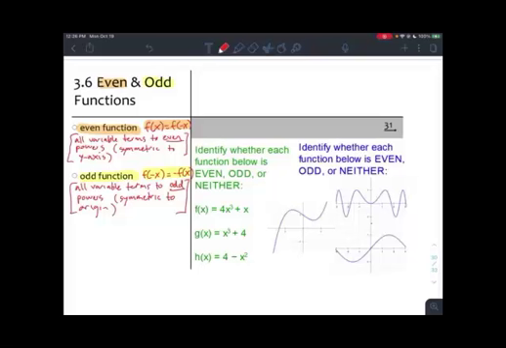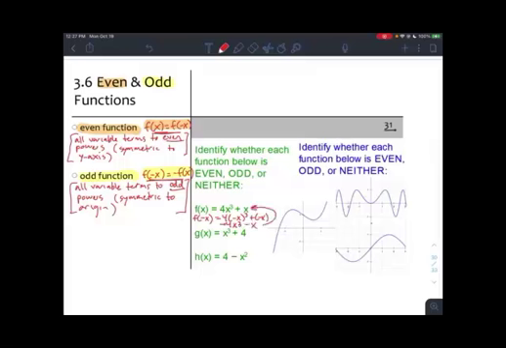To test whether a function is even or odd, one way you can do it is to use these formulas. You can test first for an even function. If you take the original function, replace and evaluate with f of minus x, and then compare that to the original function, you can see if it's even. So here in this example, 4 times a negative x cubed plus a negative x, and if you simplify, you have negative 4x cubed minus x.